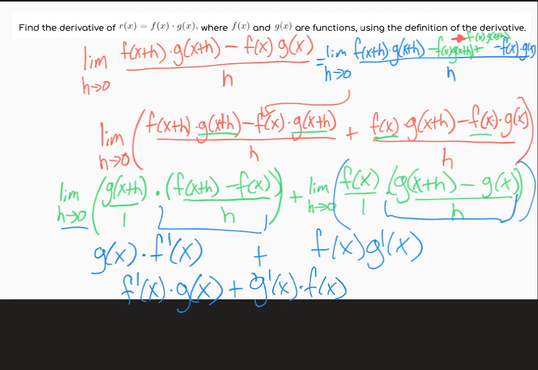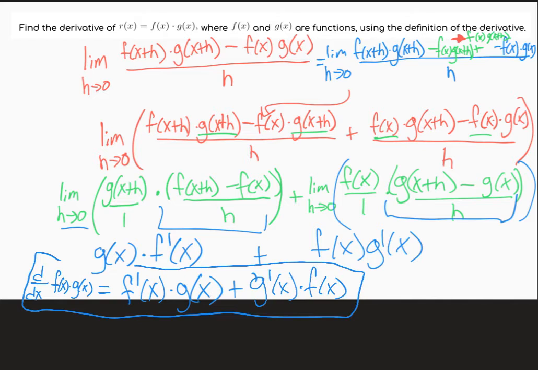So f prime g plus g prime f. This is the derivative of f of x times g of x. This is called the product rule. It's the first of our fancier derivative rules, and we use this whenever we're multiplying two functions together.